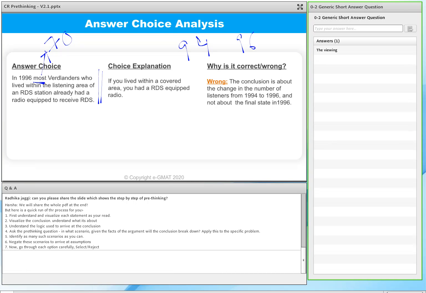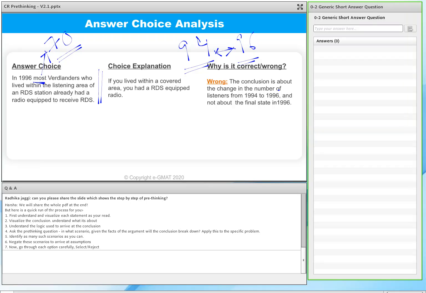The number of Verlanders receiving the special program information did not increase a whole lot between 94 and 96. So my question to you is, for this conclusion to hold true, is it required that most Verlanders who live within a listening area have an RDS equipped radio? Or in other words, what if in the year 94 only 20% of Verlanders had an RDS equipped radio, and in the year 96 the same 20% had an RDS equipped radio?